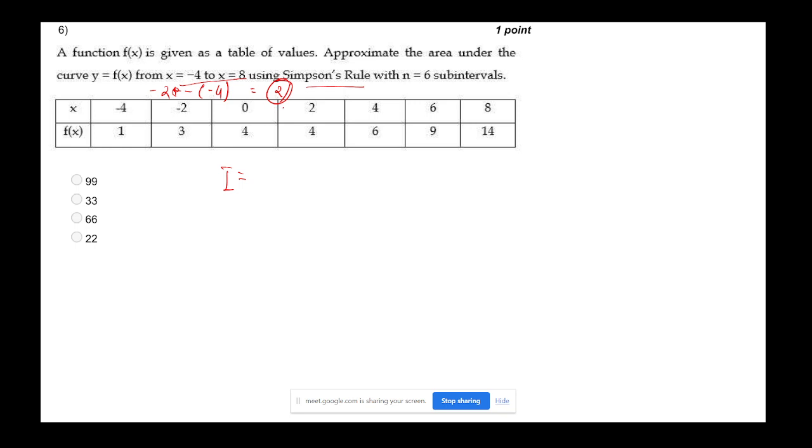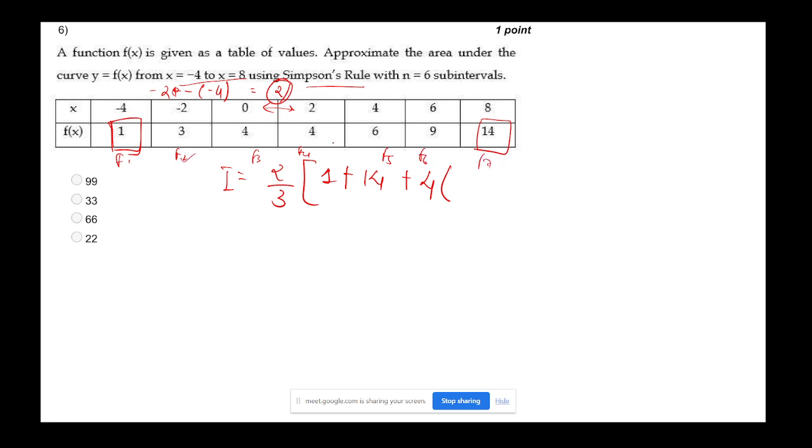So 2 is the difference. You can see the difference is 2. So 2 by 3 into the initial point f1, this is 1, plus the end point. For every case you need to add the terminal plus 4 into this. Let's say this is f1, 2, 3, 4, 5, 6, 7.